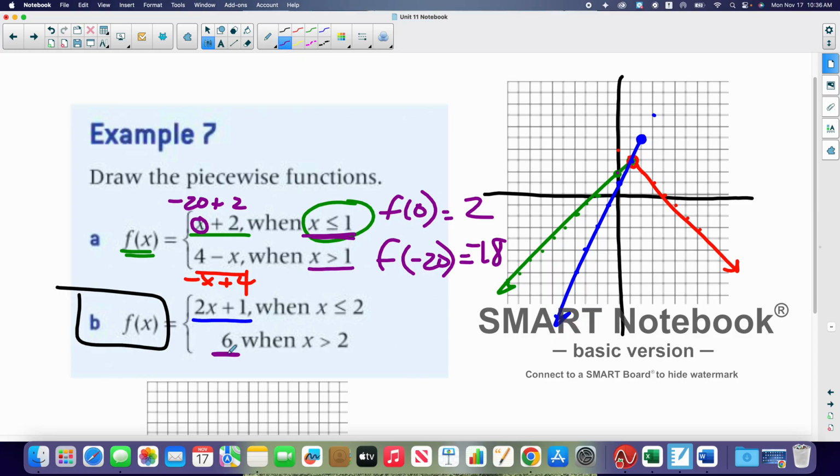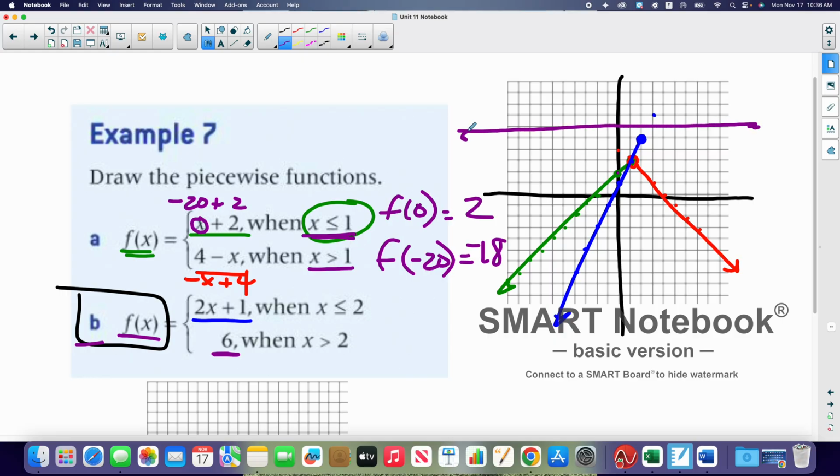What does this mean? This is f of x equals 6 or y equals 6. What type of line is it? Horizontal. It's a horizontal line at 6. So a horizontal line at 6 would do this right there.